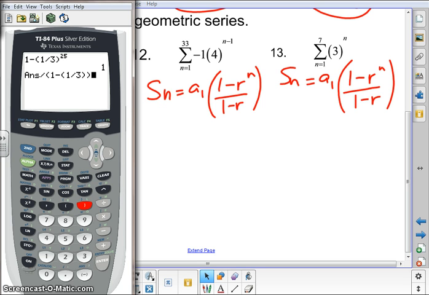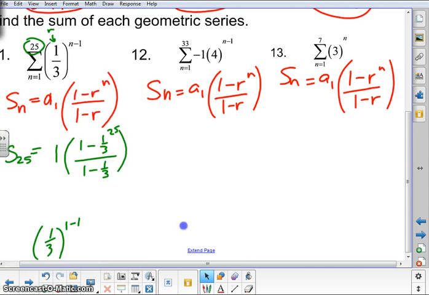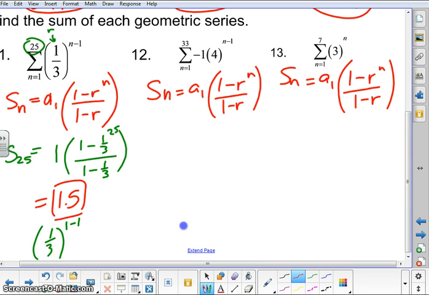So that's making sure that we're dividing by all of that. And you get 1.5. So 1.5 times 1 is just going to be an answer 1.5. So the sum of 25 terms is 1.5.